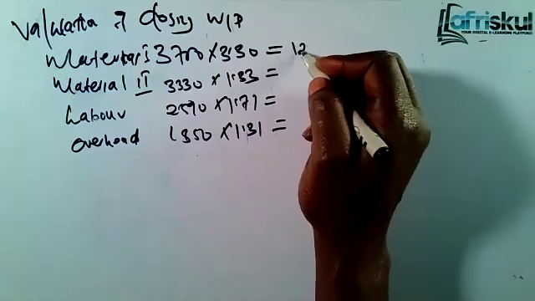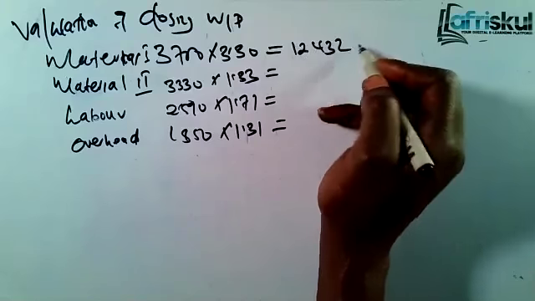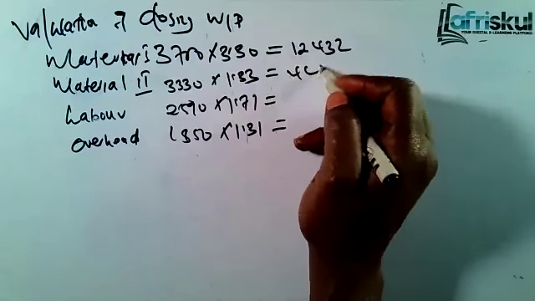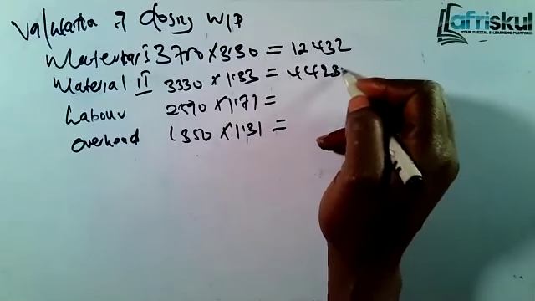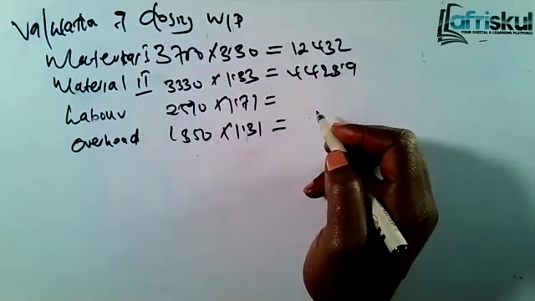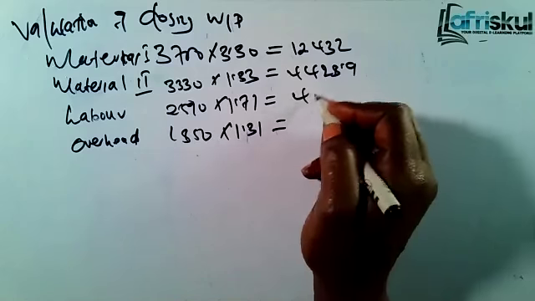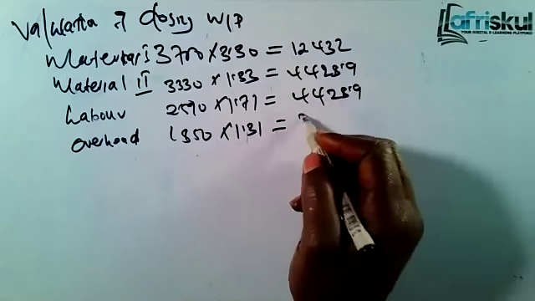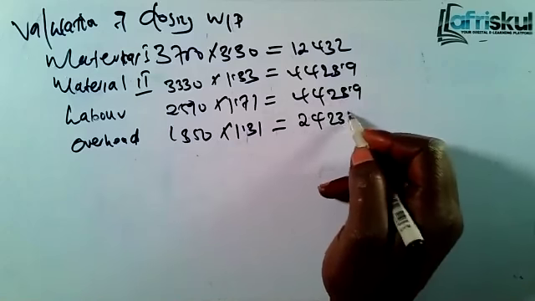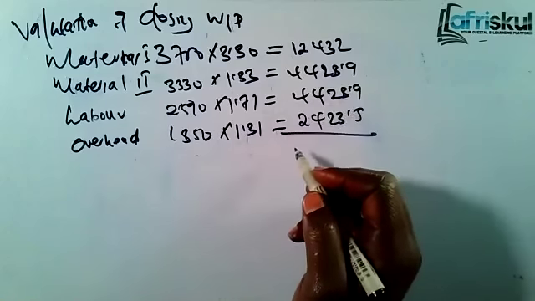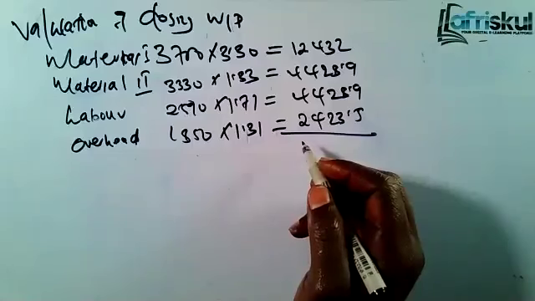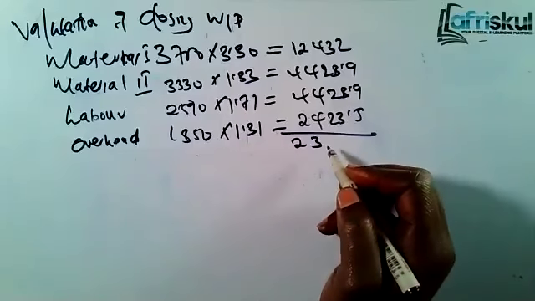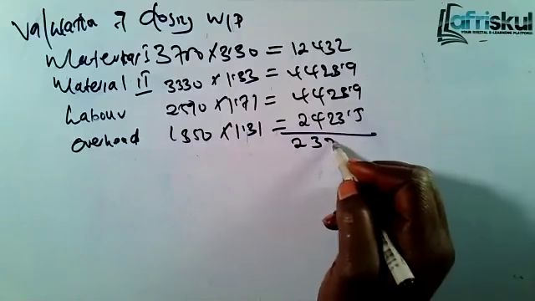So here it is 12,432. Here is 4,428.9. And then here is 4,428.9. And then here is 2,423.5. So the total here, when you round it off, is 23,714.